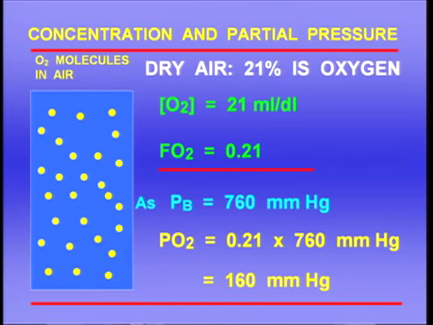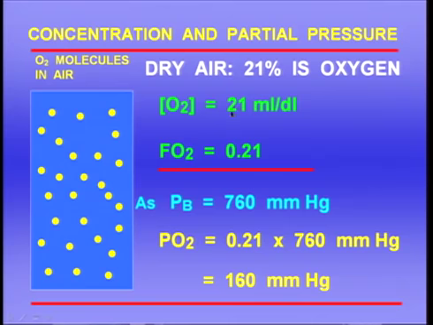So the concentration of oxygen in dry air is 21%. We can also show that using this nomenclature with the square brackets, concentration of oxygen. We can also refer to it as 21 ml per deciliter. Same thing.